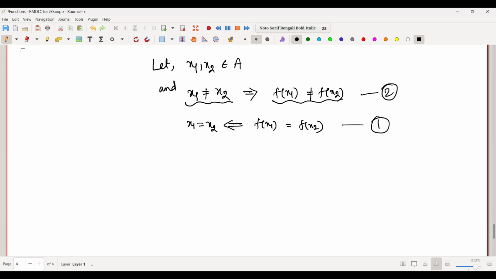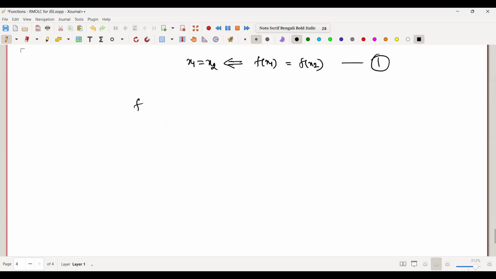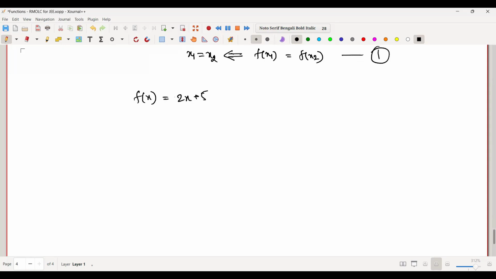Okay, now take an example. Suppose f(x) is equal to 2x plus 5. We are taking two arbitrary elements from the domain set, so let x belong to R, the set of real numbers. Take two elements x1 and x2.